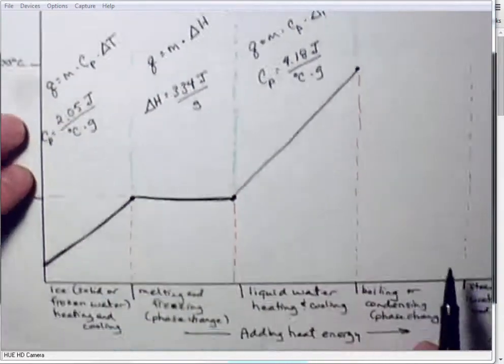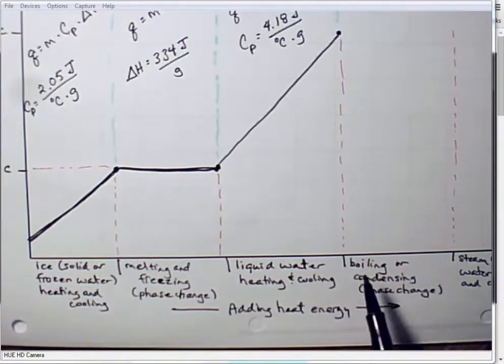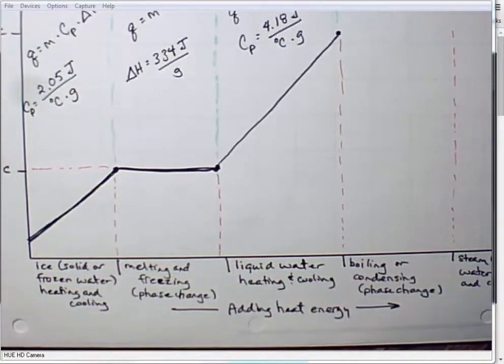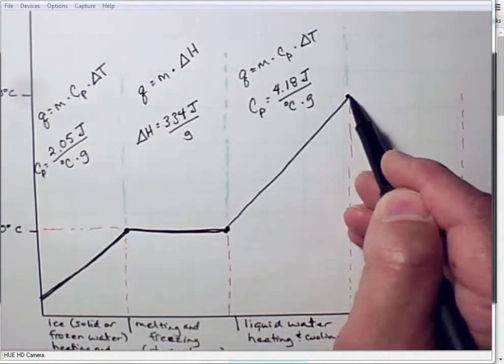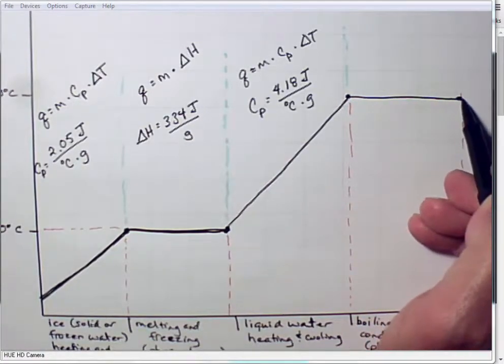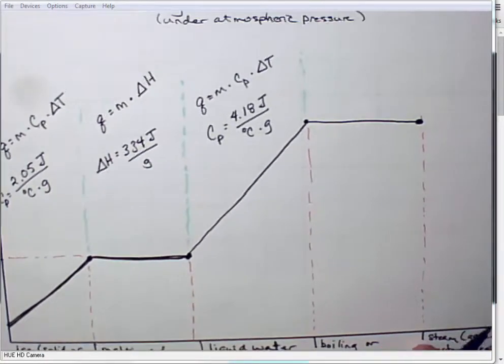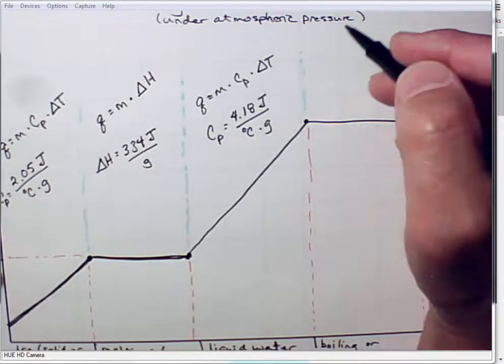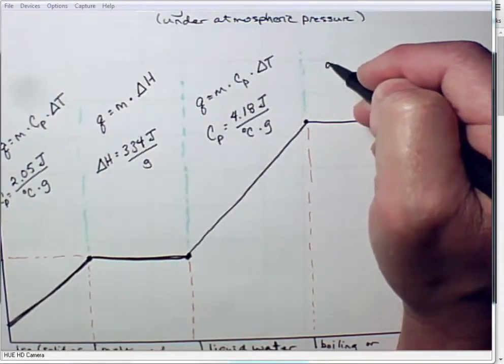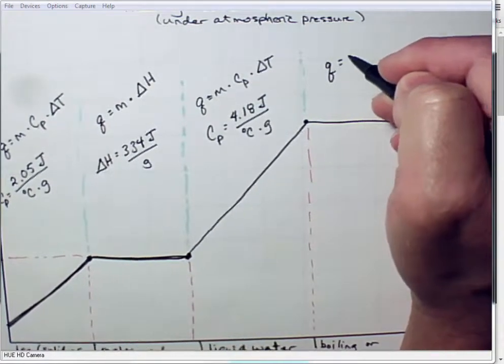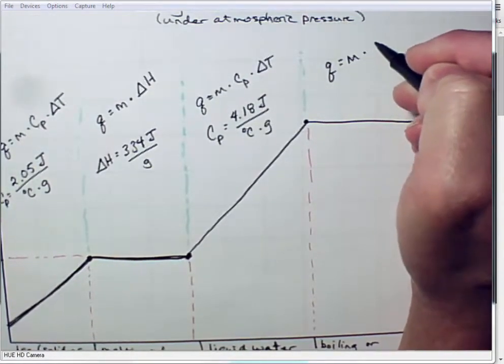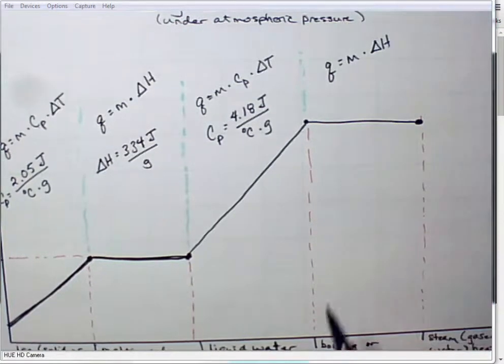All right, as long as we're boiling the water, or as long as we're condensing the water, the temperature stays constant. It doesn't go up. So since the temperature is not changing, what equation do we have to use? The enthalpy term. Mass times change in enthalpy.